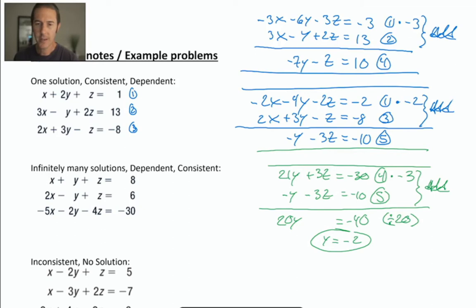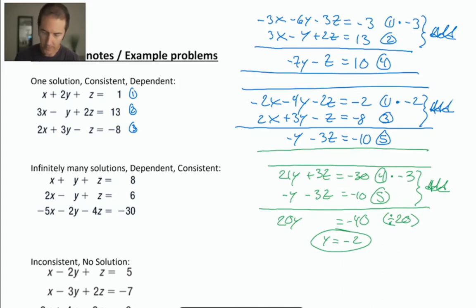In order to find the next part of my solution, the next variable, I'm going to take this y value and I'm going to plug it back into either equation 4 or 5. Do we always plug that first variable that we figure out back into equation 4 or 5? Yes, every time. And when I do that, I'll be able to solve for z. Do I want to plug this into equation 4 or 5?